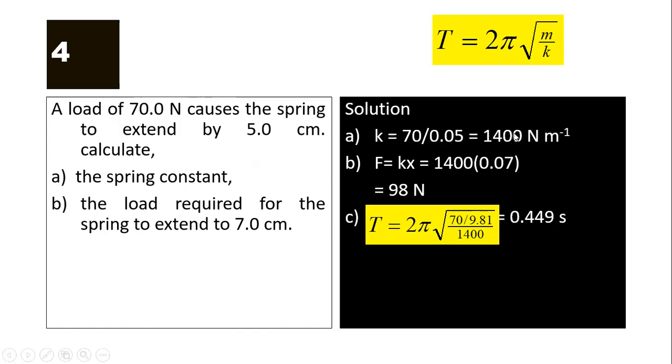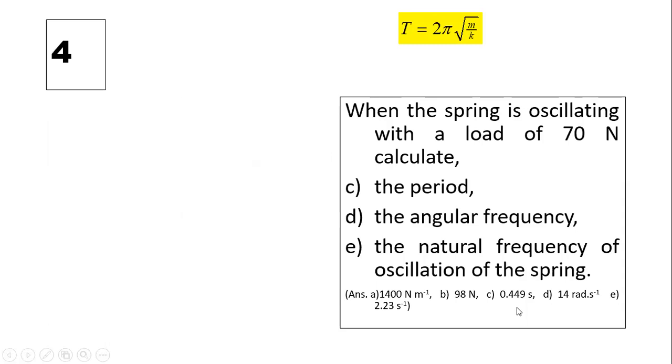And that's your spring constant, and calculate your period. Okay, how to calculate your angular frequency? No choice. If you don't want to do your homework, I have to force you to do it in class. That's the only way to force you to learn. If not, you forget everything, and I have to scold you every time.